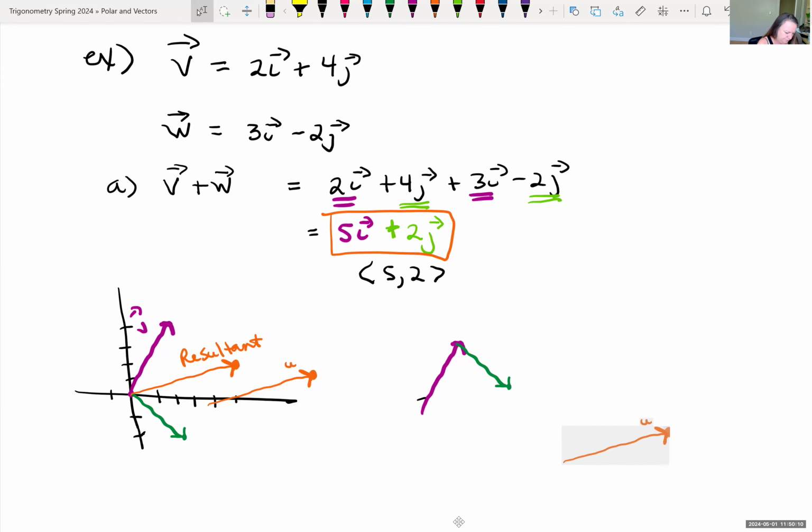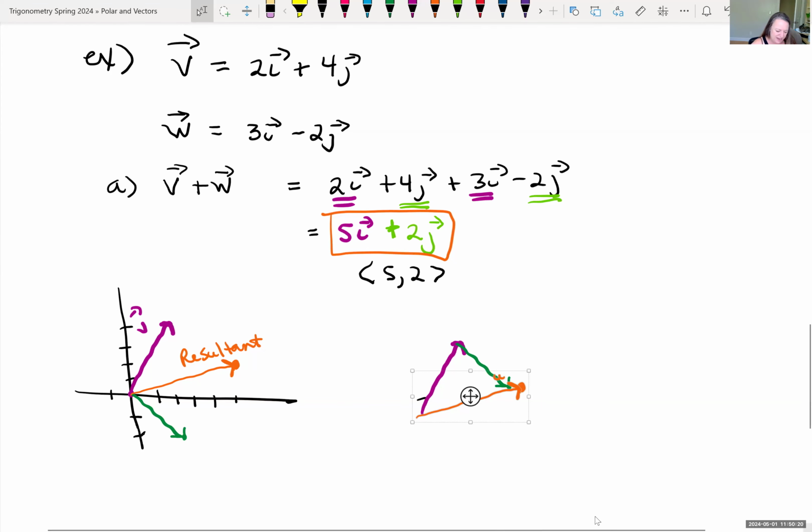Which, if my units were exact, would give me the same thing right there. So we're going to get the same thing. And remember, vectors are equivalent as long as they're the same length and going in the same direction.